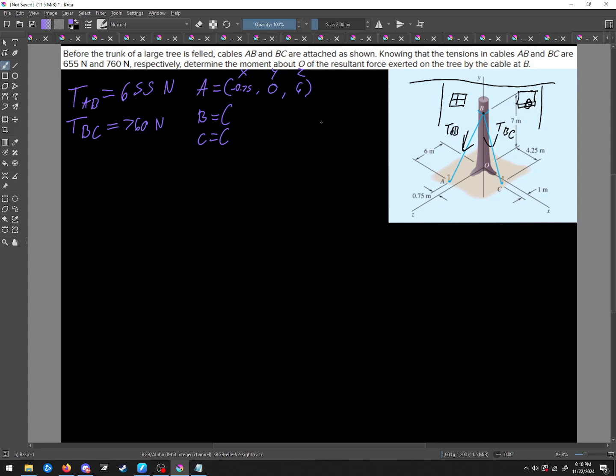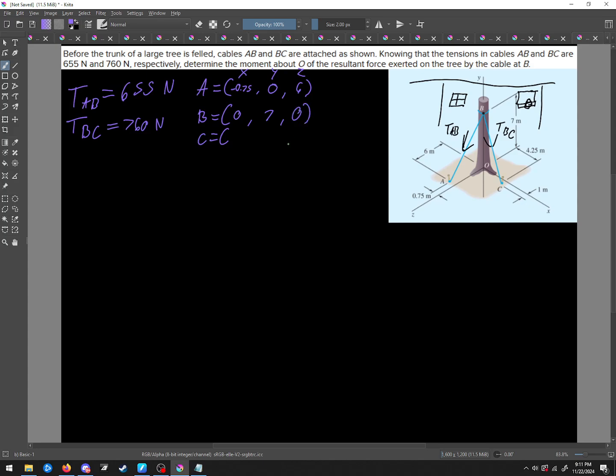And I guess we'll also put the, well, we're going to have force vectors and then magnitude, so this is going to be crazy nonsense. So now point B is going to be 0, positive 7, X, Y, Z, 0.